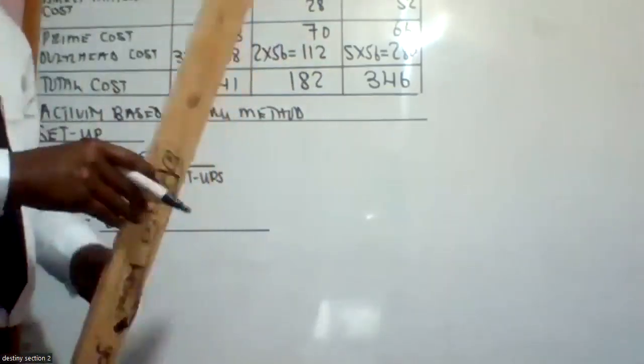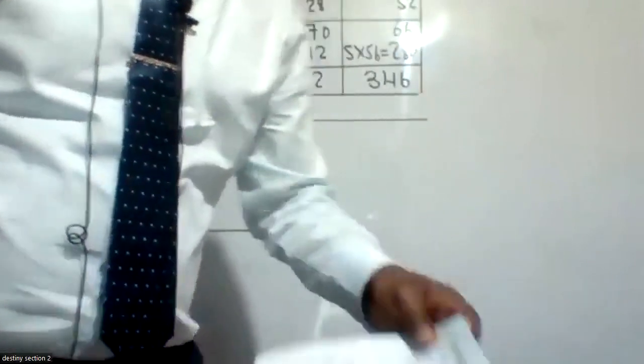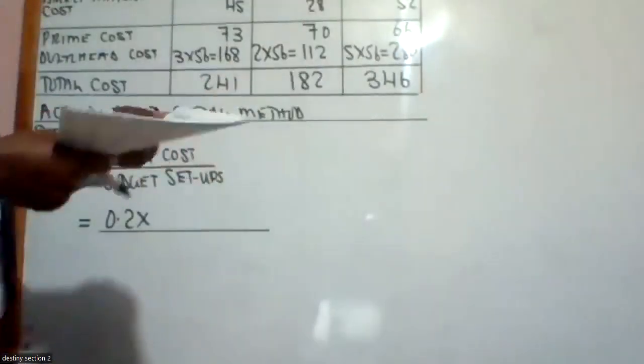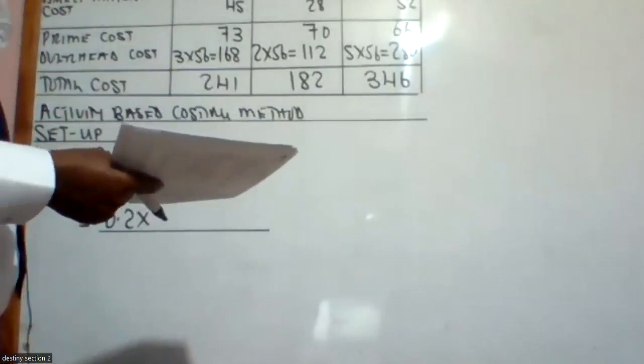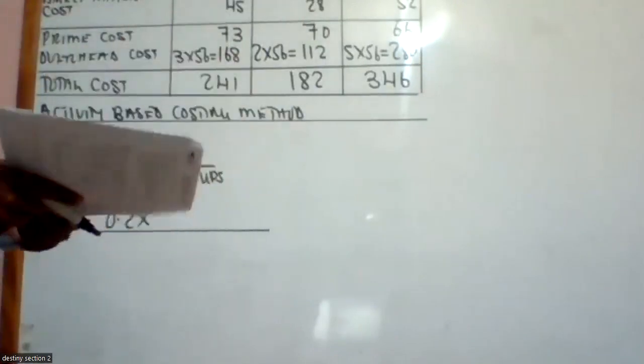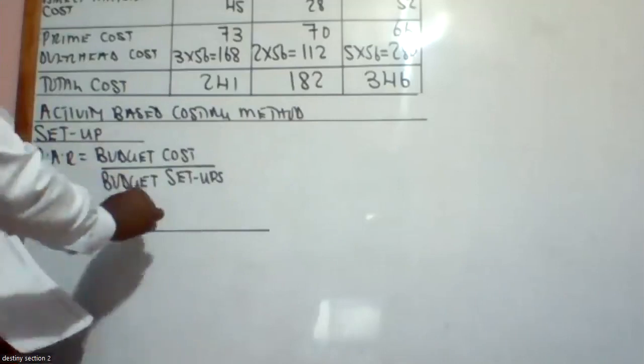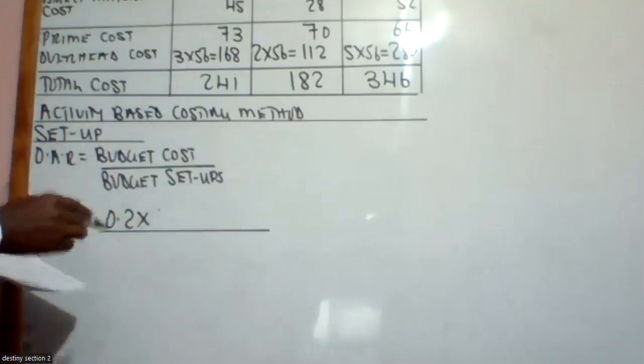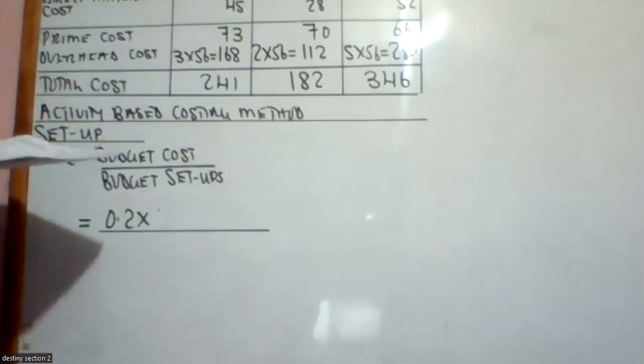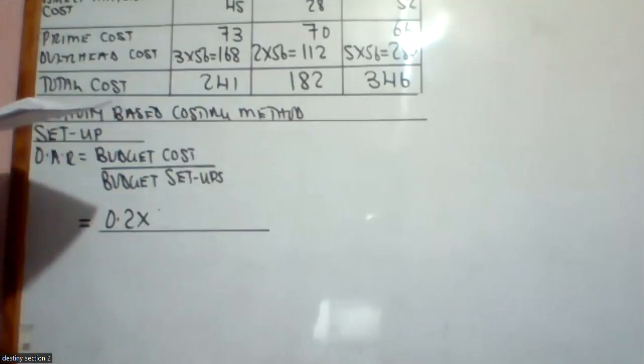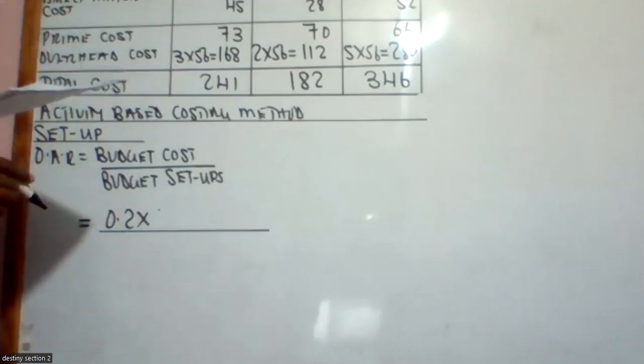I think there is a working that I require here. So let me write it like this, we won't cancel, so that we have the working later. You divide by, we are told the following volumes for the period.